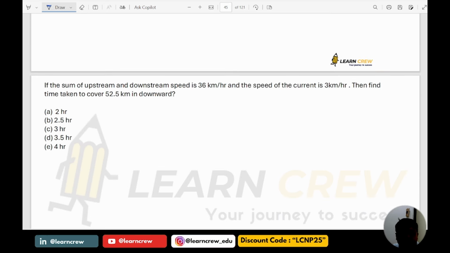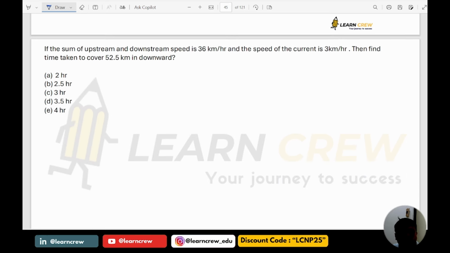Next, now the questions on arithmetic. If the sum of upstream and downstream speed is given as 36 km and the speed of the current is 3 km per hour, find the time taken to cover 52.5 km downstream. Here the speed of the boat in still water is not known.